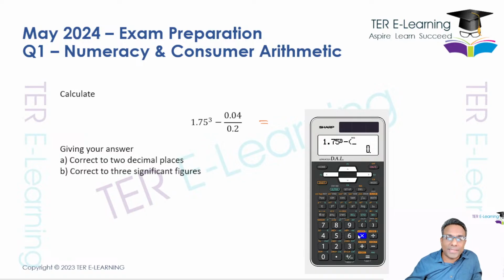So you're going to put a bracket, 0.04 divided by 0.2, close the bracket, and then we're going to get this. So this is the actual answer here, but I'm just going to write it out. So that's 5.159375.